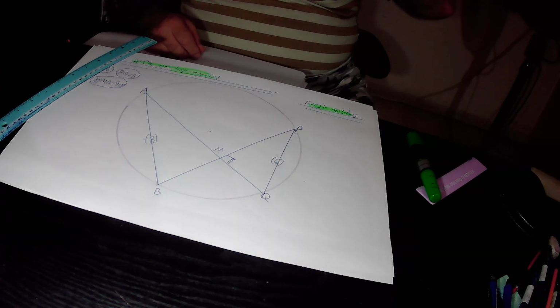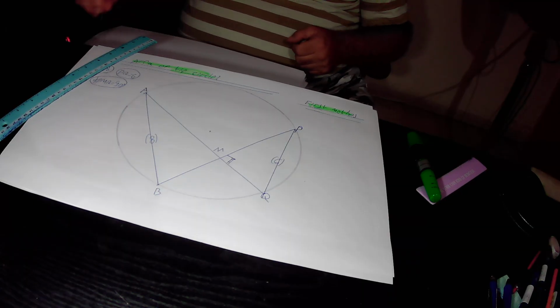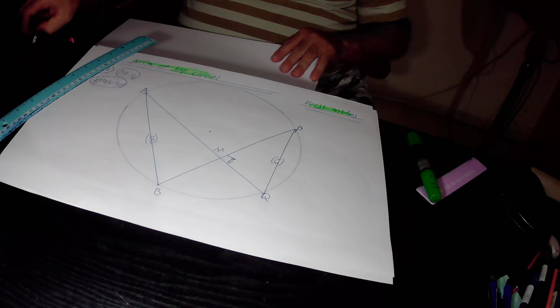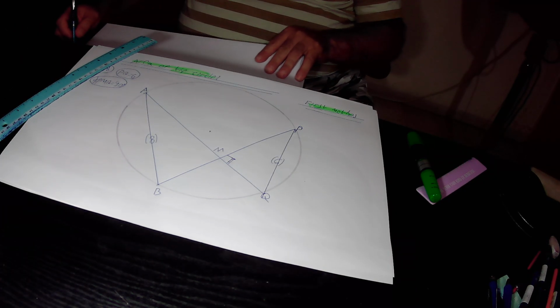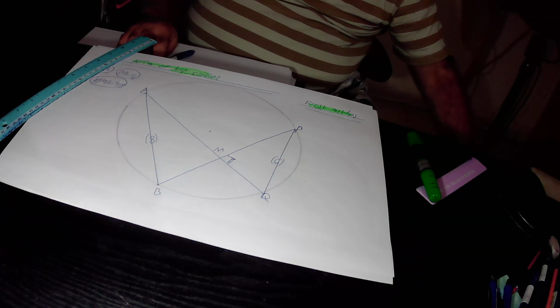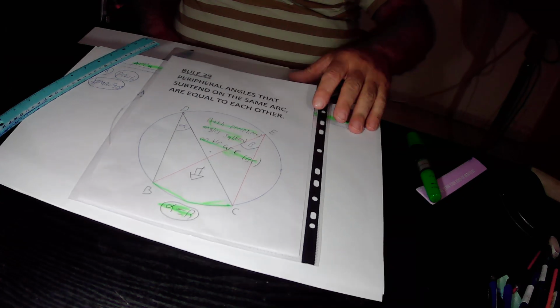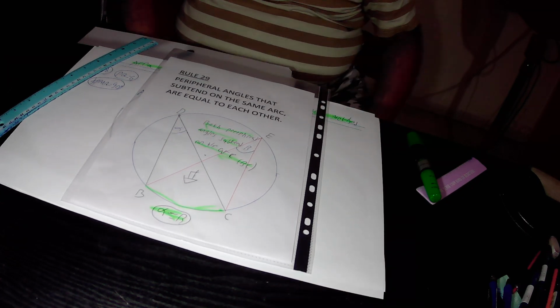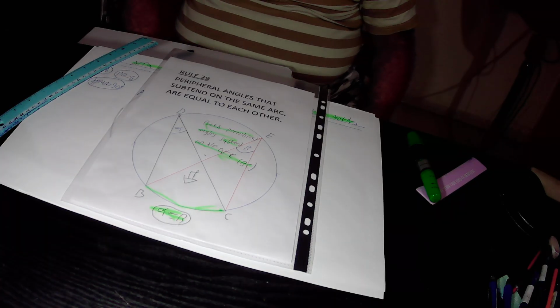So as the first step, I will present to you Rule 29 and we will implement Rule 29 in our drawing. According to Rule 29, peripheral angles that subtend on the same arc are equal to each other.